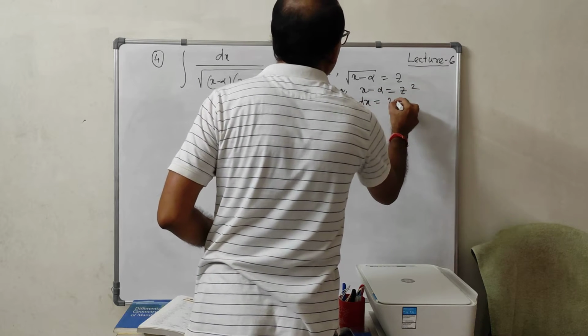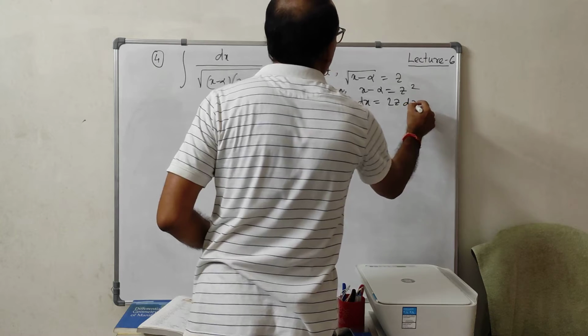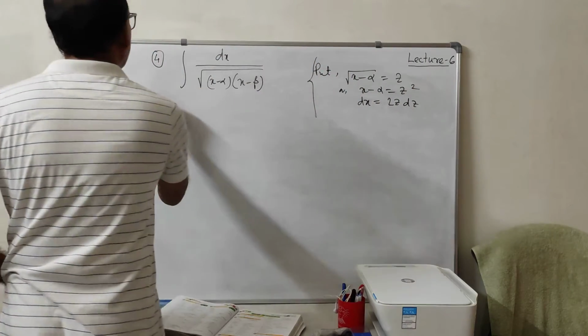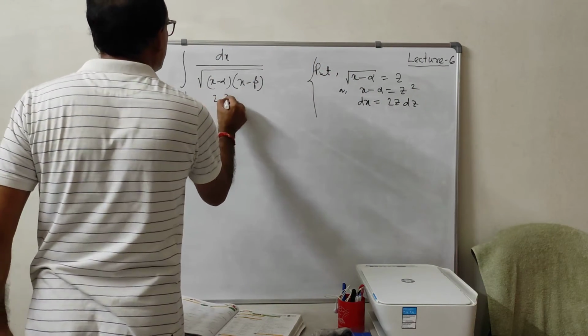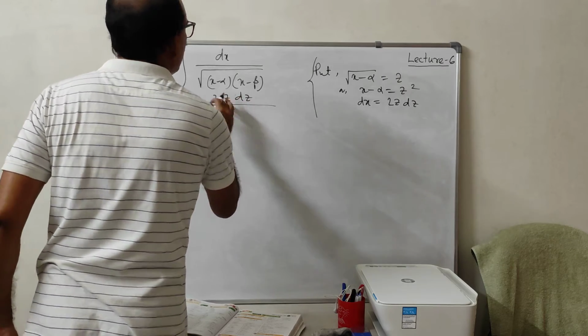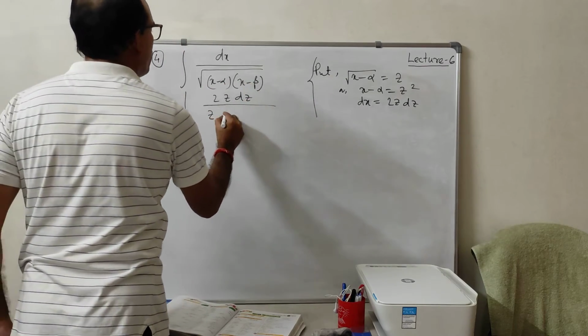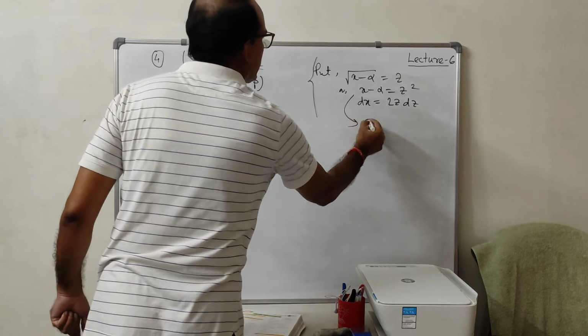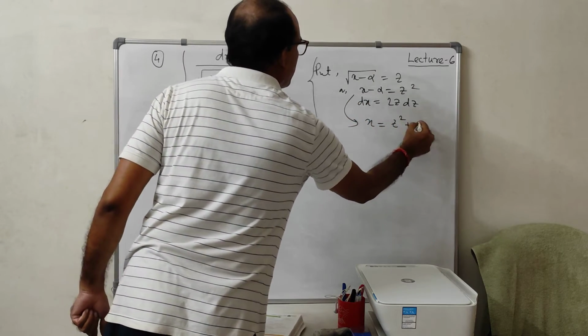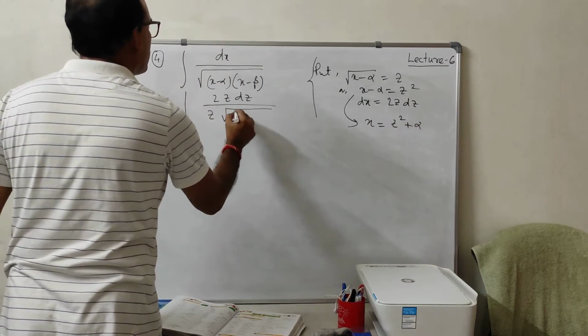Taking differentials, 2z dz. So dx is 2z dz. Root of x minus alpha is z, and root of what is x? x is z square plus alpha.